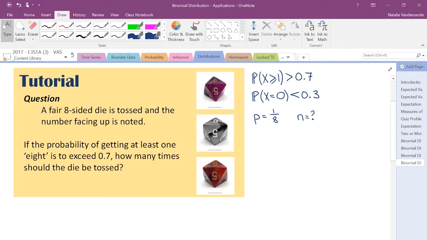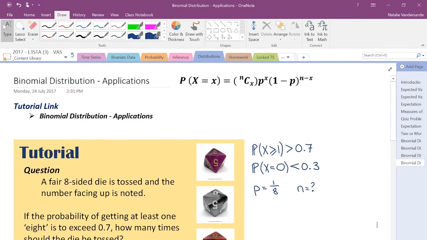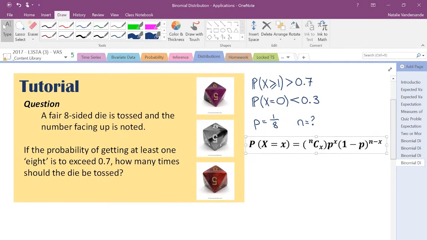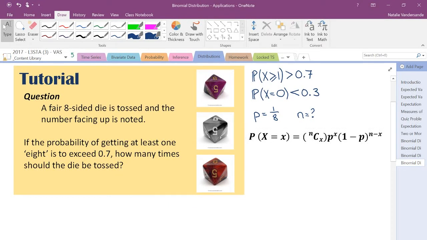Now we need our binomial formula, which I have put just up here. So we'll grab that. This also uses point probability form. You will find this formula on page 4 of your booklet. We can fill in this formula with what we know so far.